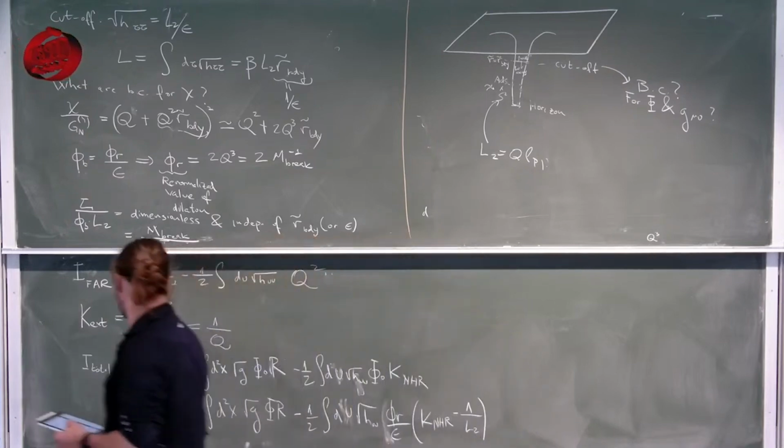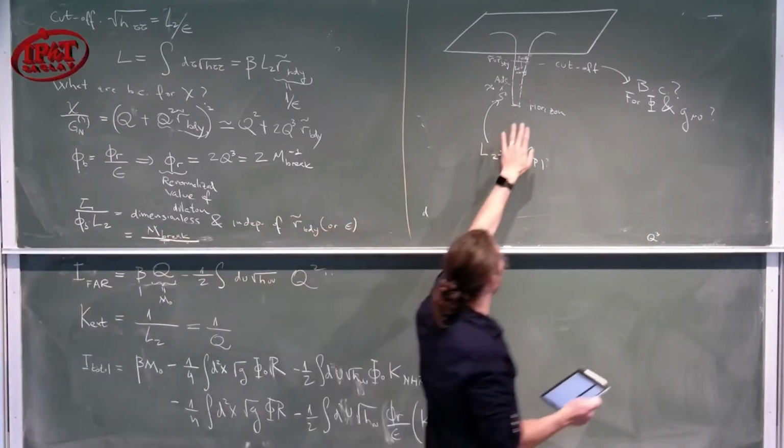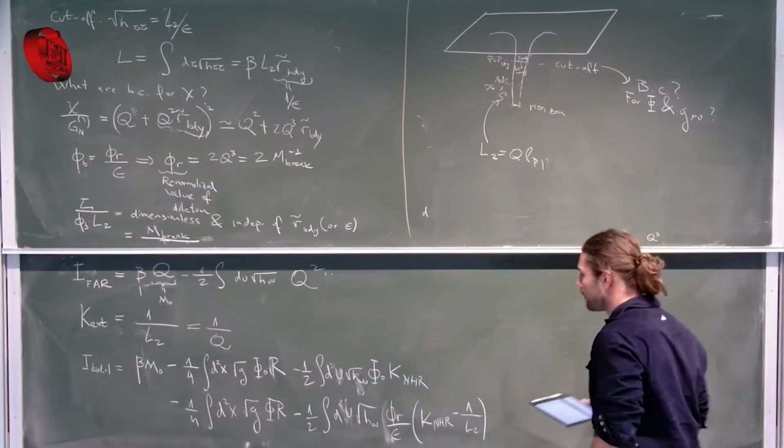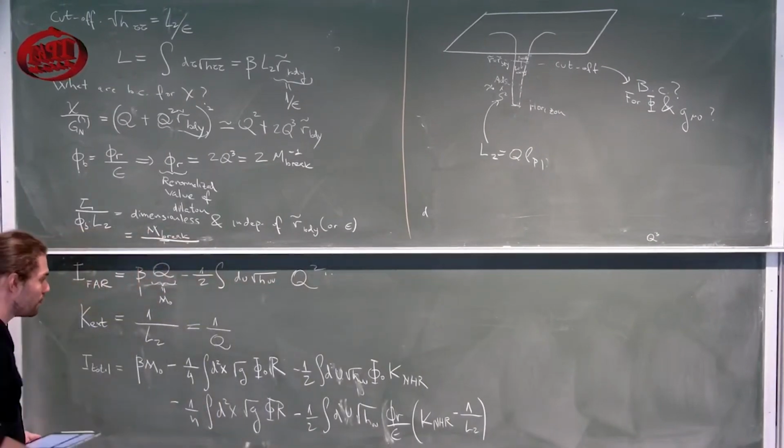Okay, so this is my effective field theory for the near horizon region that takes into account the correct boundary conditions at the edge of the throat. Here I can see that it consists of two terms.